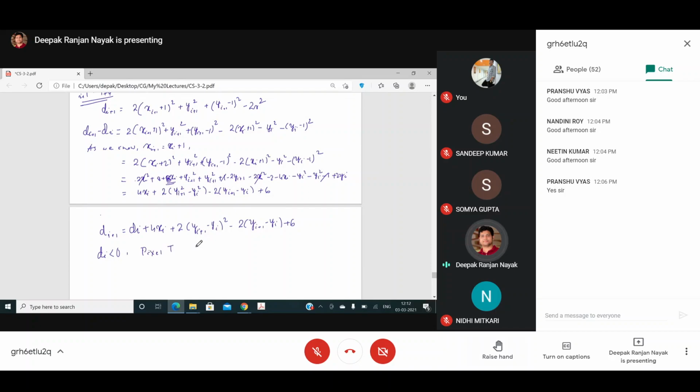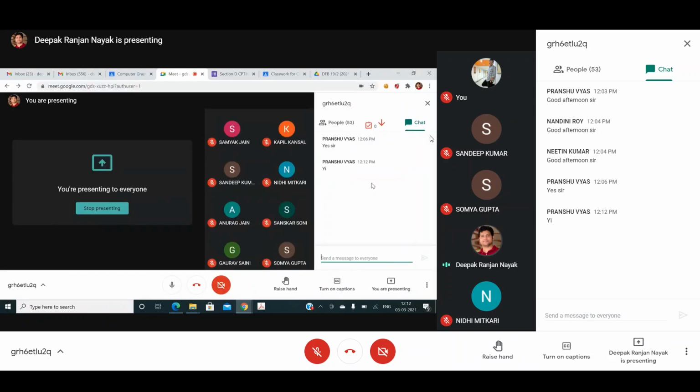Who can say what the y of i plus 1 value will be at this point of time? y of i plus 1 will be yi or yi minus 1. We are choosing the top pixel here.